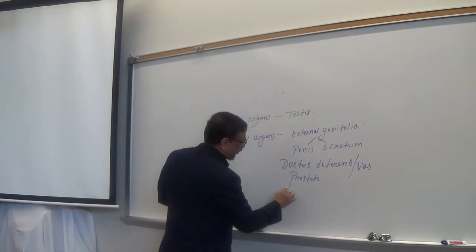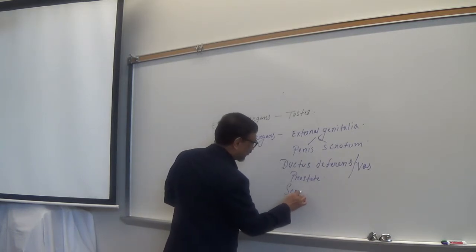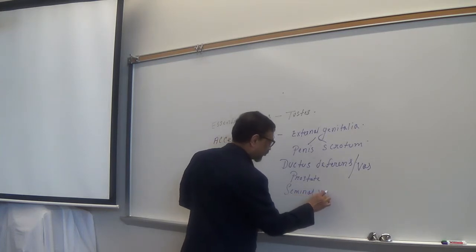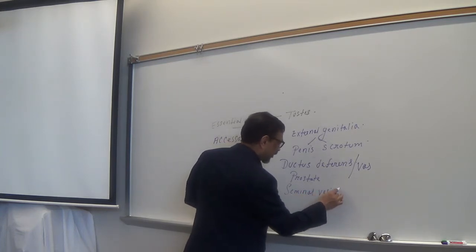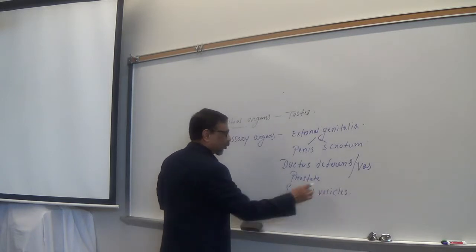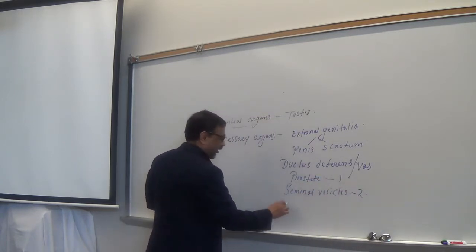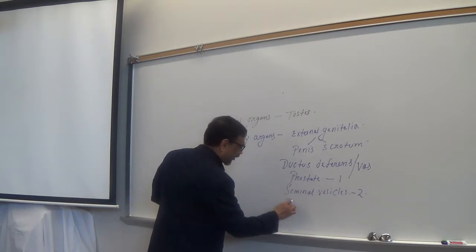You have seminal vesicles. So one prostate, two seminal vesicles, and also you have a gland, two glands, one pair.